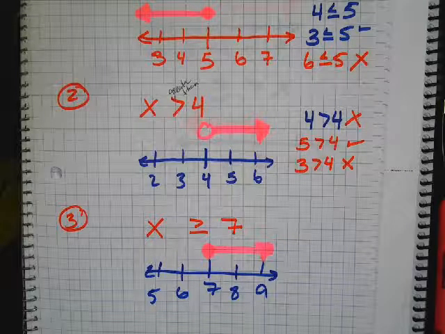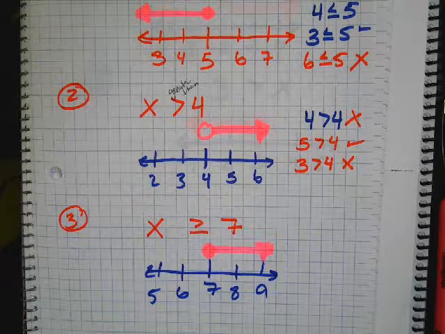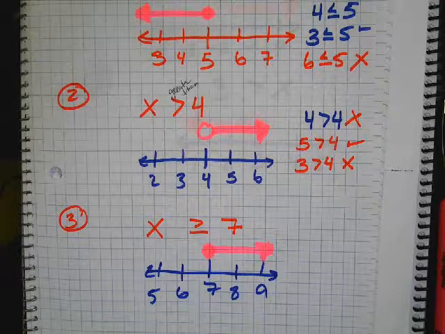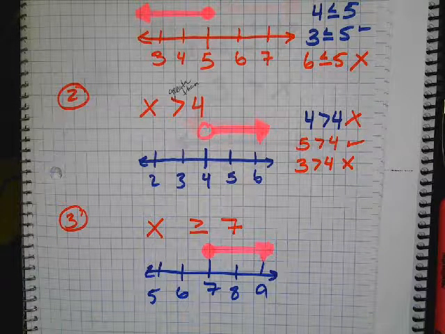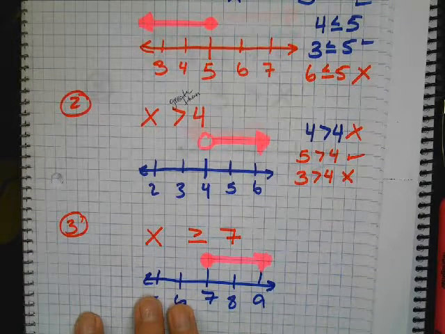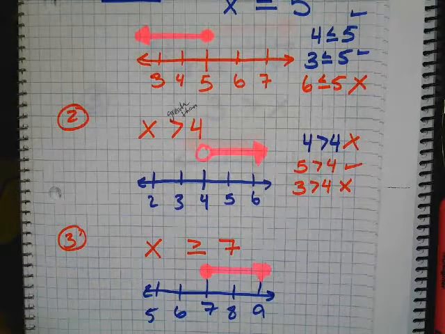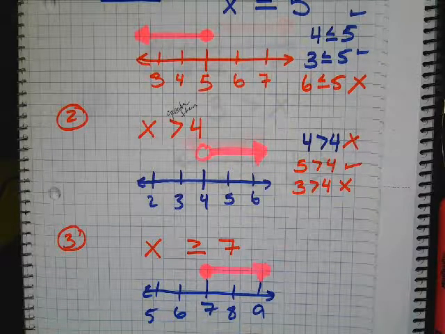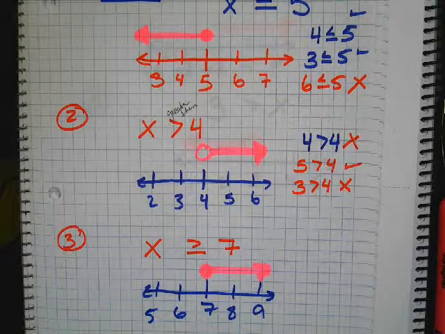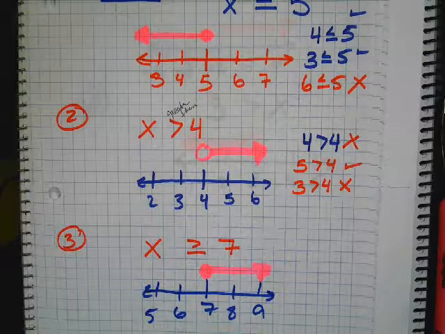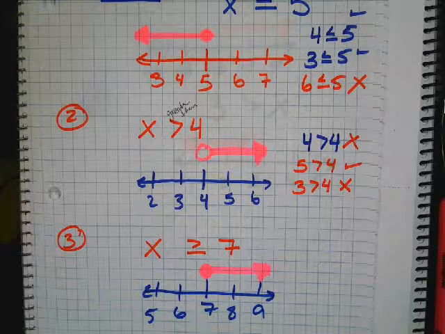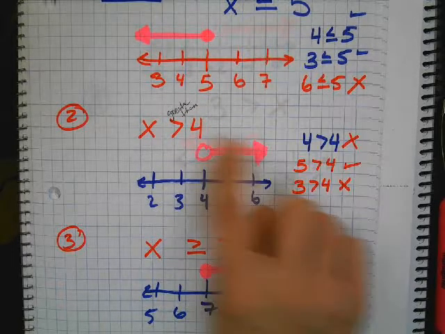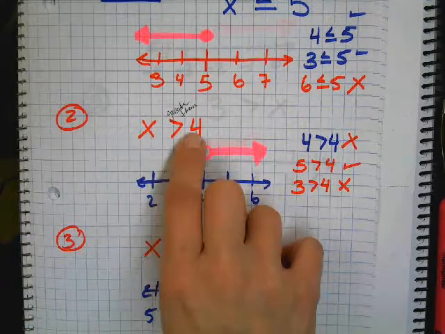What do you notice? What do you notice when you graph it? Is there a connection between the inequality? This is called an inequality. So you notice a relationship between the inequality and the way you graph it.